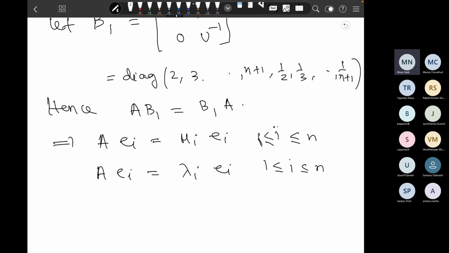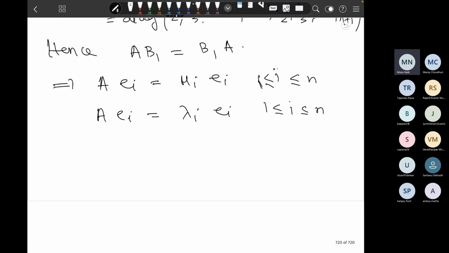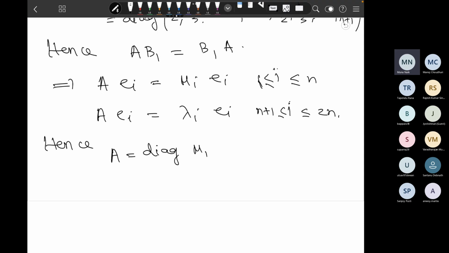I could have written 1 less than or equal to i less than or equal to 2n, but I am just renaming this mu n plus 1 to mu 2n as lambda i, because this is really i from n plus 1 to 2n. So hence a is equal to really diagonal of mu 1, mu 2, up to mu n, lambda 1, lambda 2, up to lambda n.